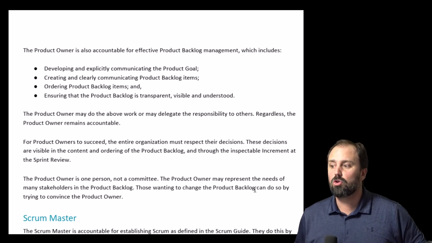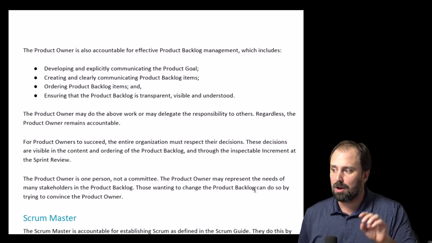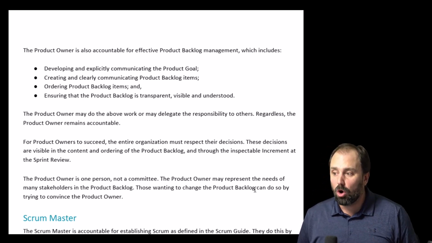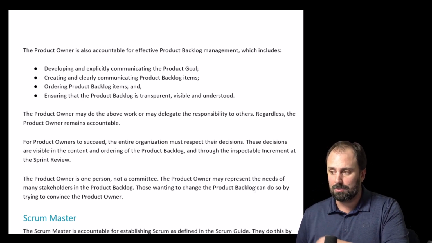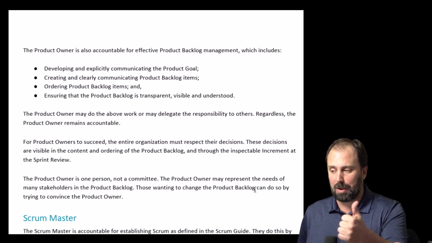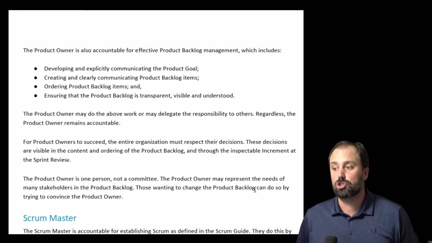Number 2, creating and clearly communicating product backlog items. Number 3, ordering product backlog items. And number 4, ensuring that the product backlog is transparent, visible, and understood.